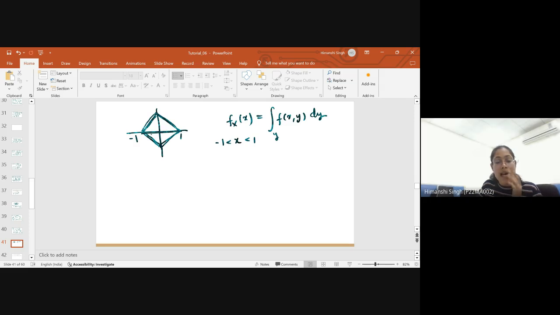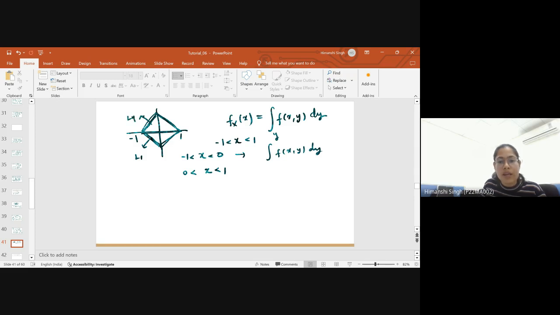In that case I will consider first the region x from minus 1 to 0, then x from 0 to 1. For x between minus 1 and 0, I will be integrating fxy dy for this region. So this is basically this region, where we have L1 and this we had L4.